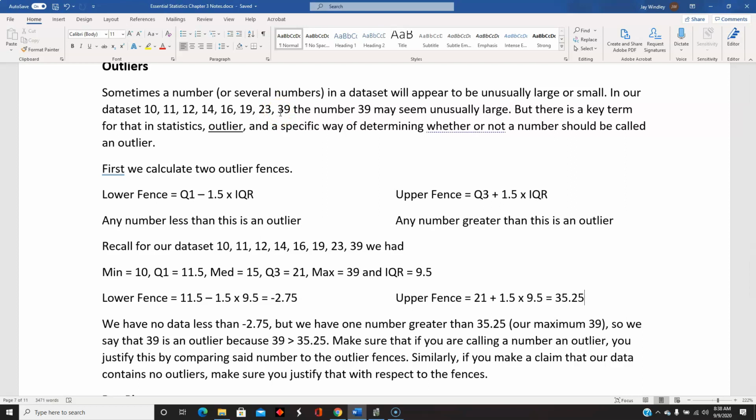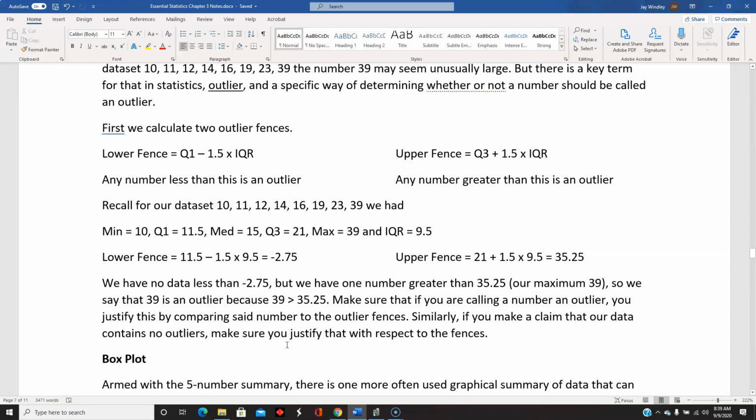If you're going to call 39 an outlier, then ideally I would like to see a calculation of both outlier fences, and then I would like to see you comparing the number 39 to the fences in order to justify that it's an outlier. And similarly, if you're going to claim that there's no outliers, then you should also make that claim by saying all of the data is between the fences.